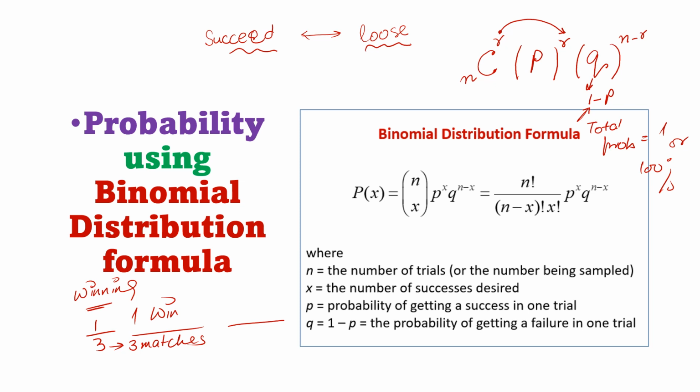Of course, the number of matches you played is 3. If 1 out of 3 can be won, how many can be lost? Of course 2, because 3 minus 1 gives you 2. So I hope you understand how you can find the Q.